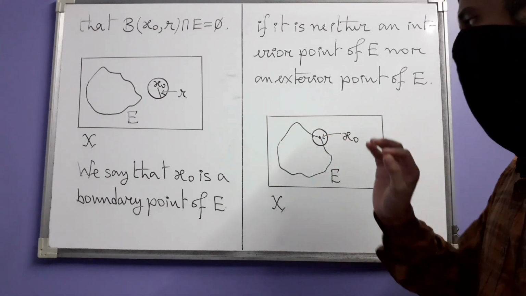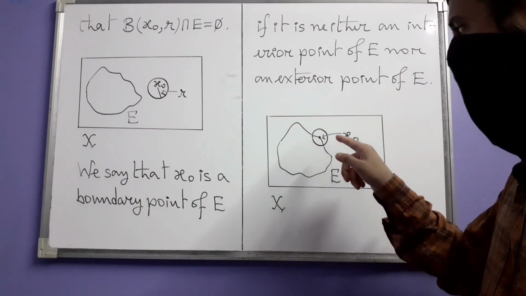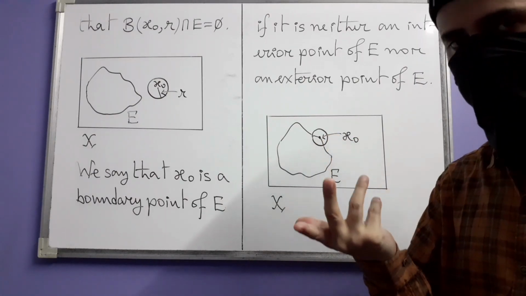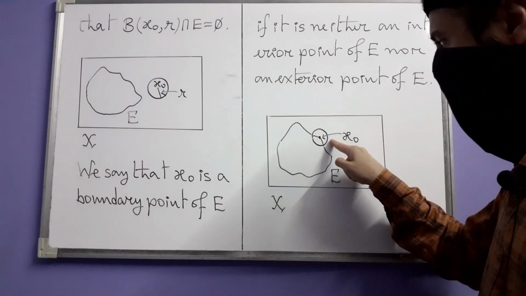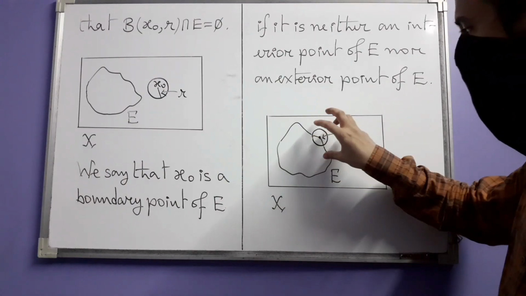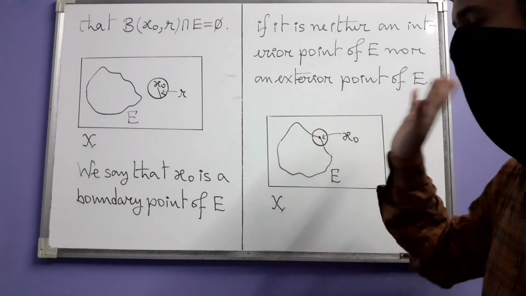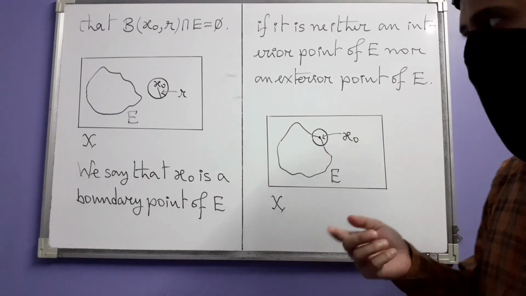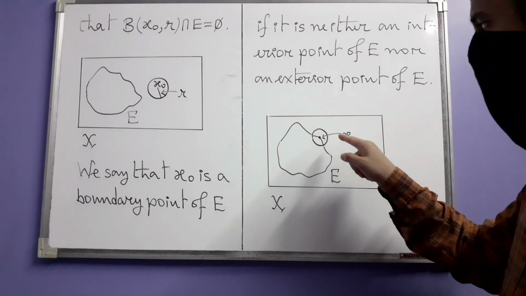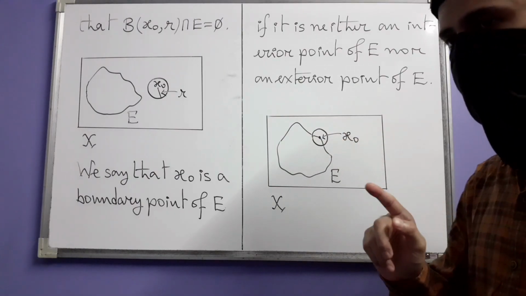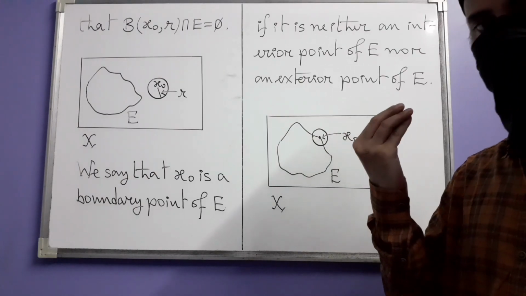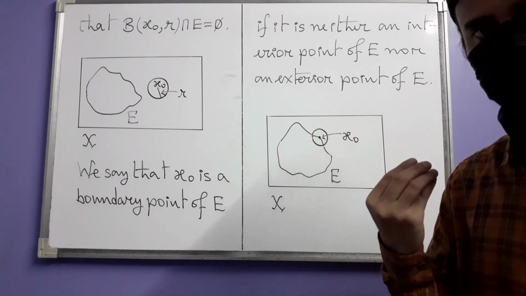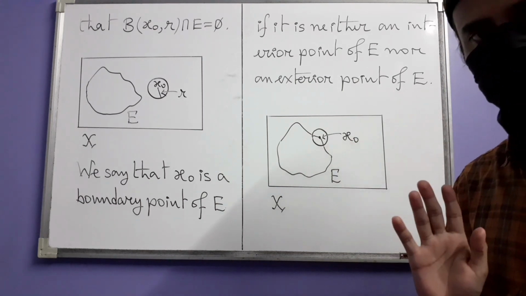What it really means is that there is no open ball centered at x naught having any radius that is entirely contained inside E, because otherwise it would be an interior point, but at the same time there is also no ball centered at x naught which is disjoint with E, because then x naught would be an exterior point. None of this is true.